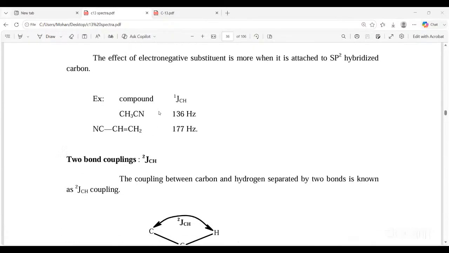And here also you can see the change in the J values depending on the substitution of electronegative atoms or electron withdrawing groups.